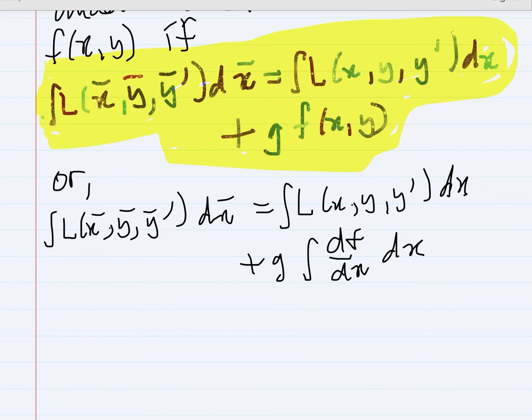So I haven't changed anything. I have every term in terms of integrals, and what I'm going to do now is differentiate both sides with respect to x bar, knocking off the integral on the left hand side. I'm going to differentiate the left hand side with respect to x bar, and all of the right hand side with respect to x bar.